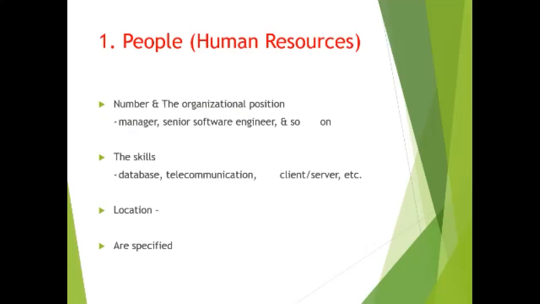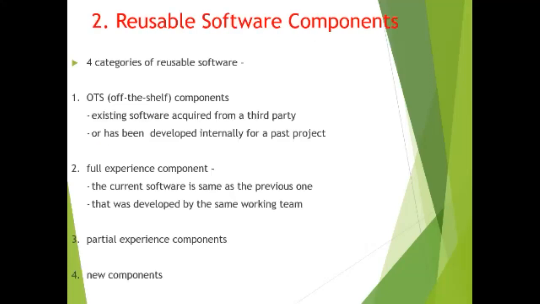First, people, the human resource: number and organizational position, such as manager, senior software engineer, and so on, and second, the skills, such as database, telecommunication, client server, and the location specified. Second, reusable software components, with four categories of reusable software.